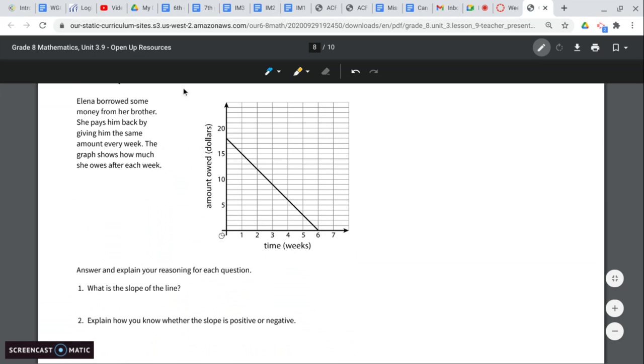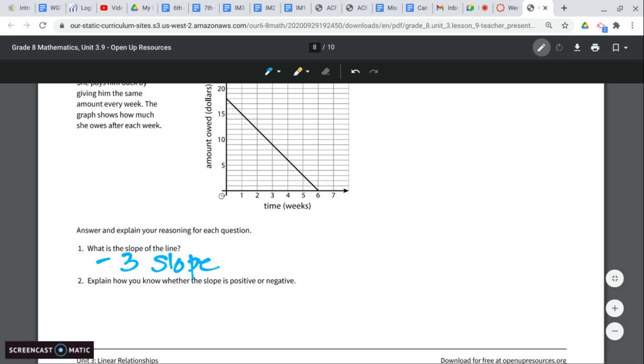If we look, here we are at 17, and we go down 1, 2, 3 over 1. So we have a slope of -3. For number 2, how do you know whether the slope is positive or negative?